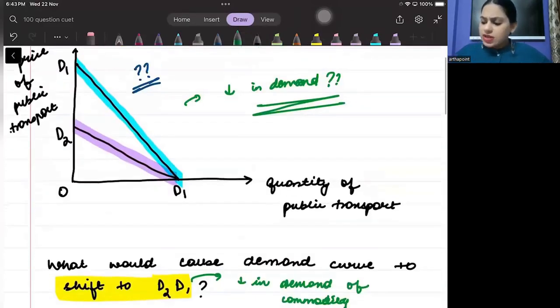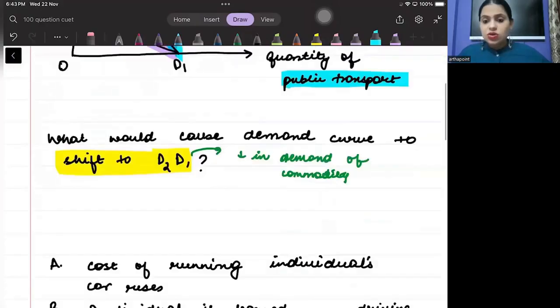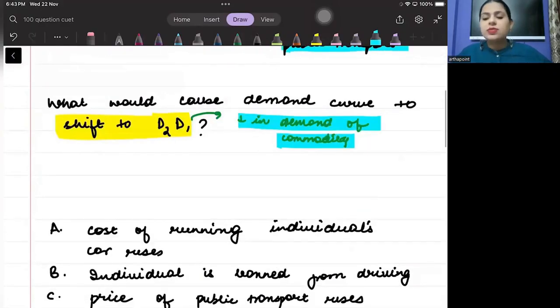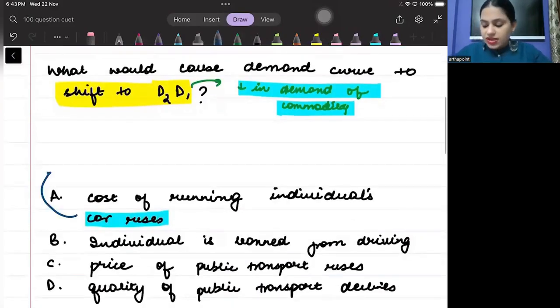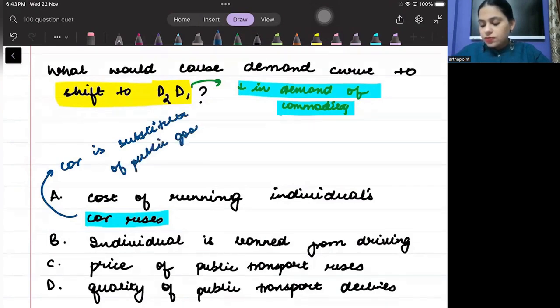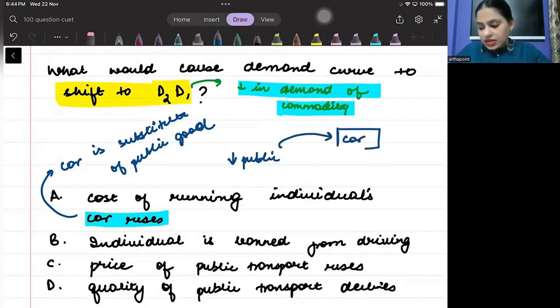Look, the demand here is for public transport, so the demand of public transport has decreased. That is what we said, that there is a decrease in demand of the commodity. But a car is a substitute of public transport. So if I am decreasing the demand of public transport and switching to car, then the car should have become less costly. The cost of car should have reduced, beta, but is it reducing?